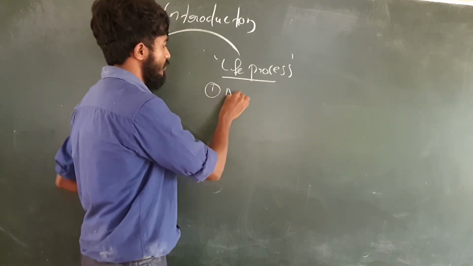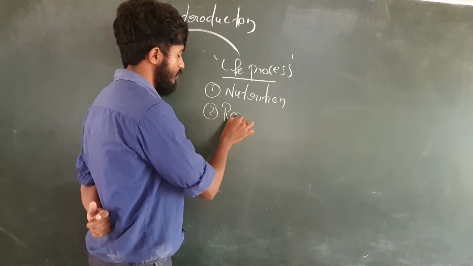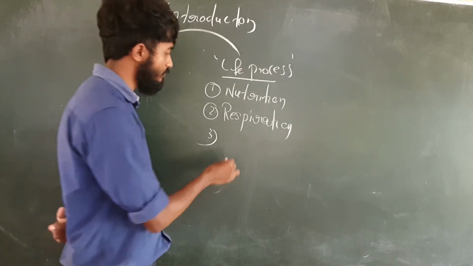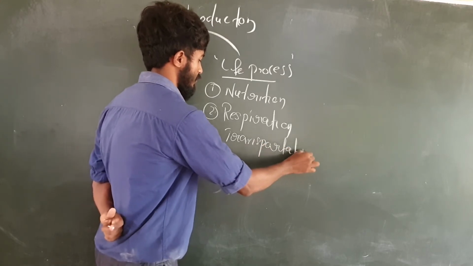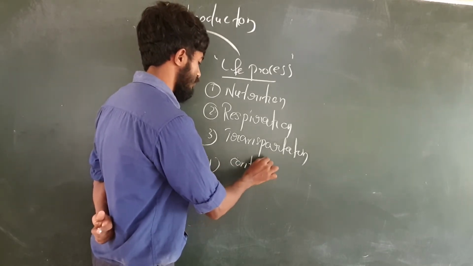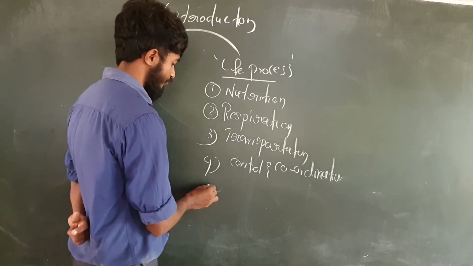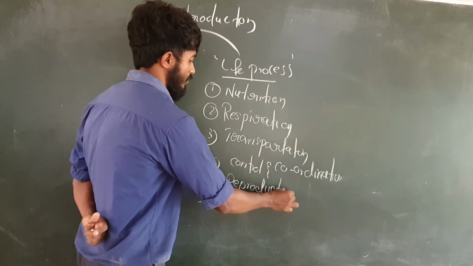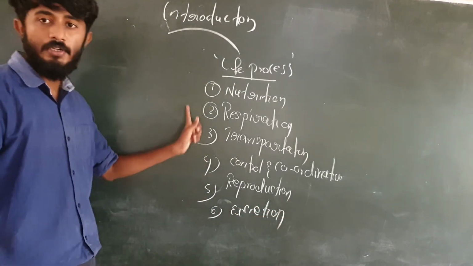One is nutrition, another one is respiration, the third one is transportation, the fourth one is control and coordination, the fifth one is reproduction, and the sixth one is excretion. These are the different life processes.